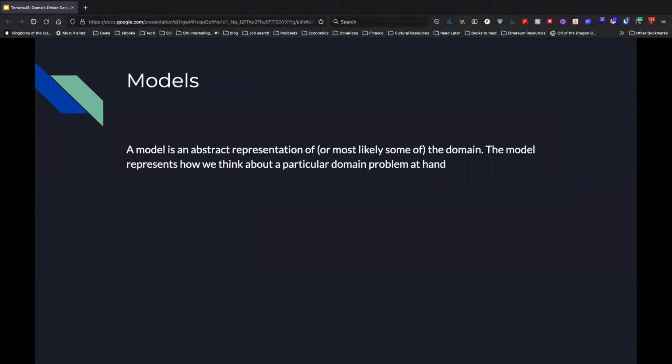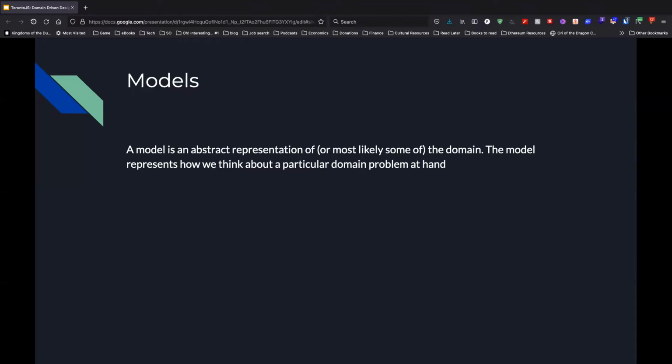And really, a model is about the abstract representation of the domain at hand, depending on how the business wants to think about it. And the model represents how we think about the particular problem at hand. We hear the word model in various ways. One of them often is in entity relationship models, or maybe in database models, or we may think that models are a series of diagrams.